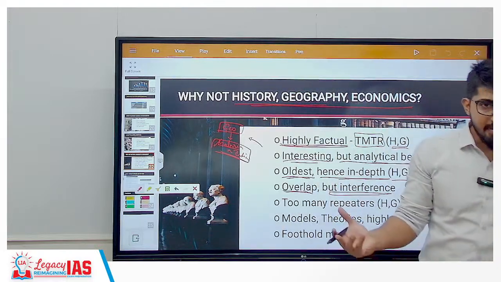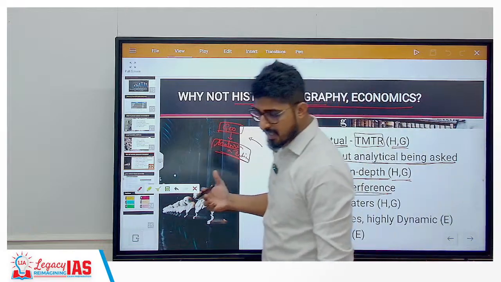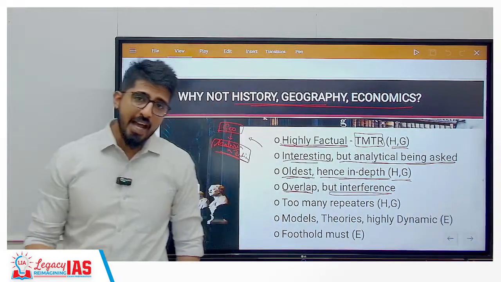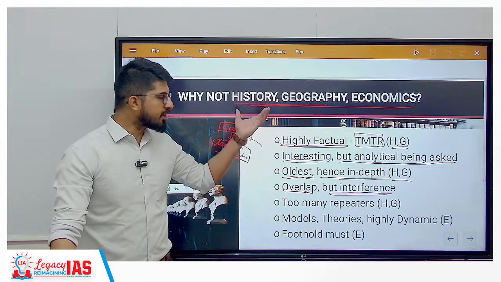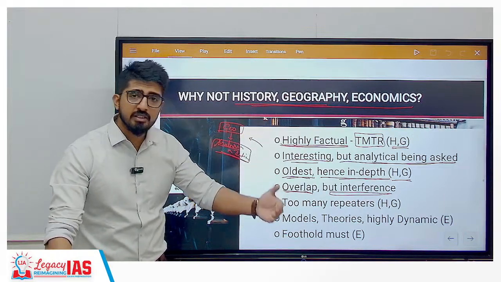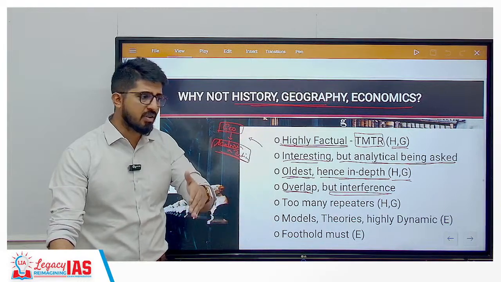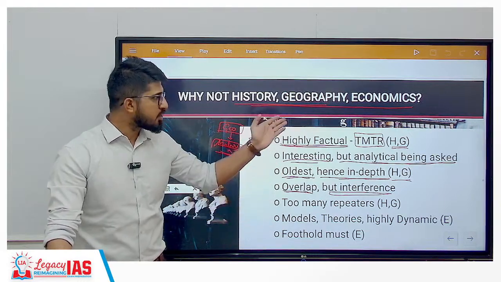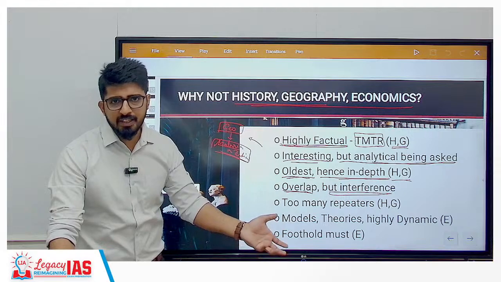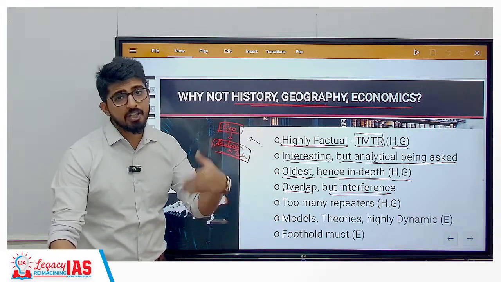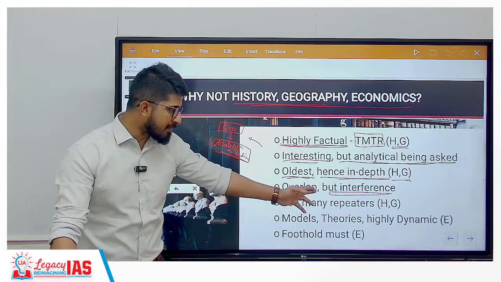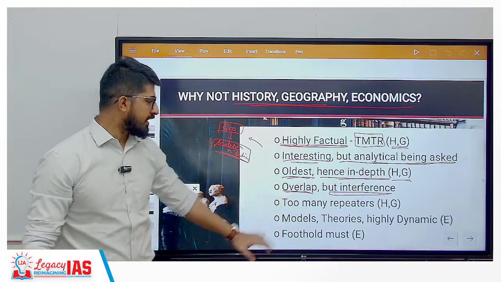There is overlap with your GS subjects, but there is interference, in the sense that when you write answers, having learned too much history or geography, you may bring in perspectives not relevant to the GS part. From the GS perspective, it is too much. That can be the interference factor.